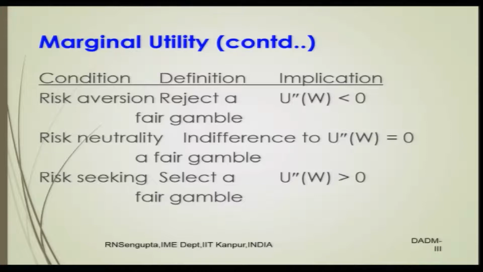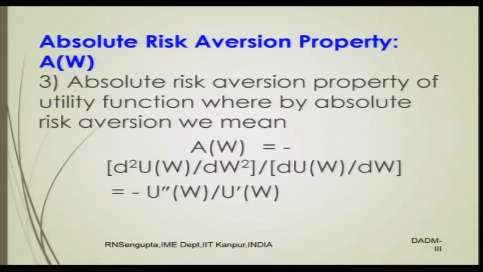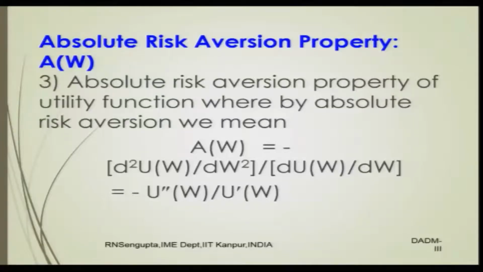So, now this will become important when we consider a few simple problems from the point of view of optimization for finance. So, the absolute risk aversion property for a utility function is given by the value A, which is minus u double prime by u prime.